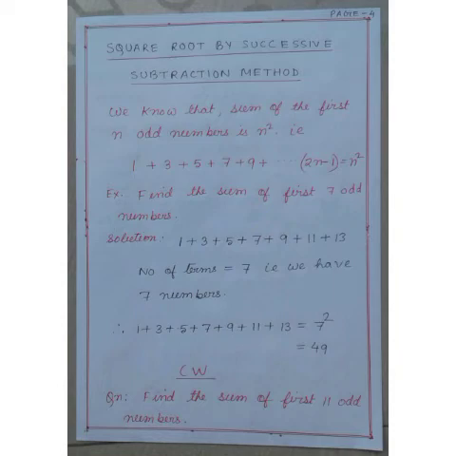For your practice, I have given you a classwork to find the sum of the first 11 odd numbers. You just try to solve it in your classwork copy and show it to me.